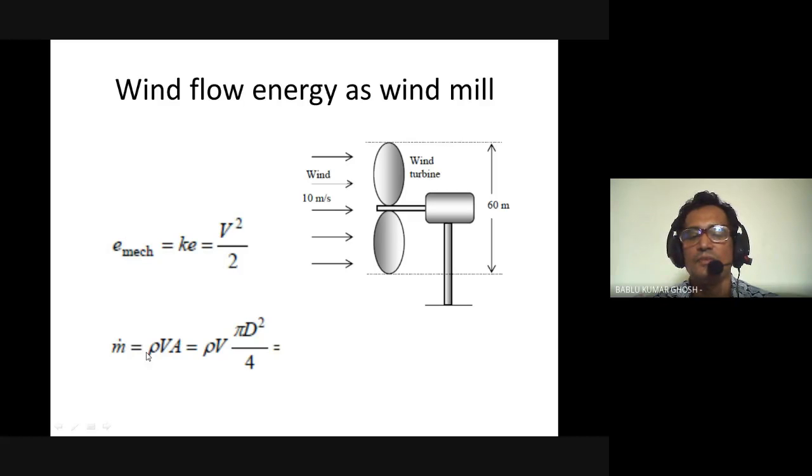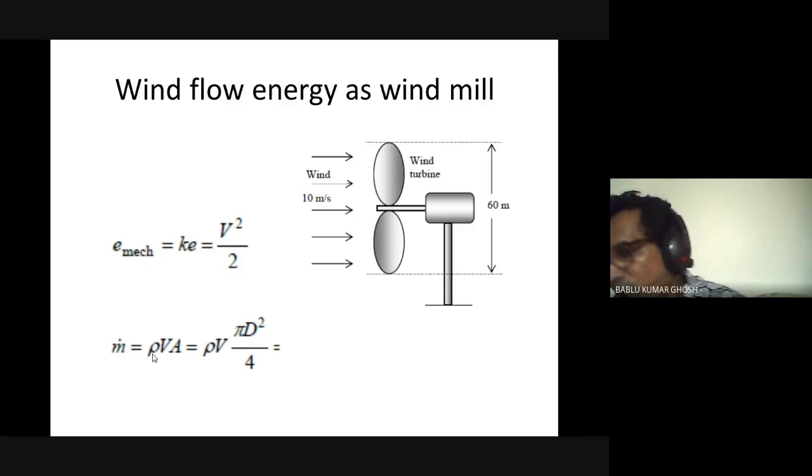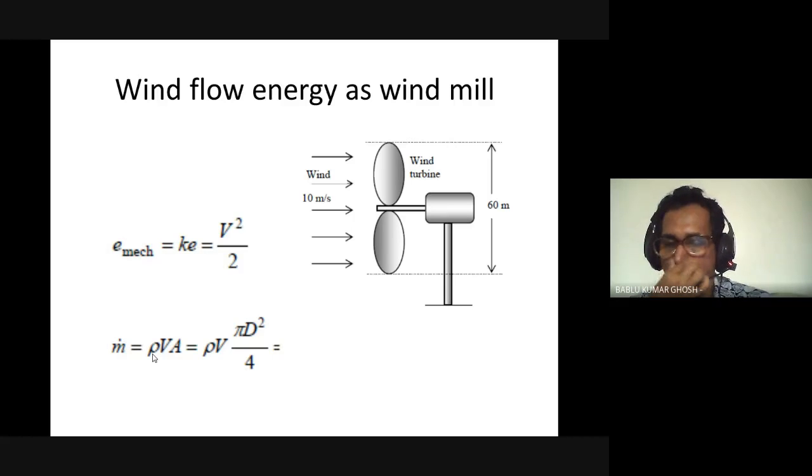So the mass flow is nothing but, what is the definition of density? Density rho is m by v, mass per unit volume. So mass is nothing but density and volume.